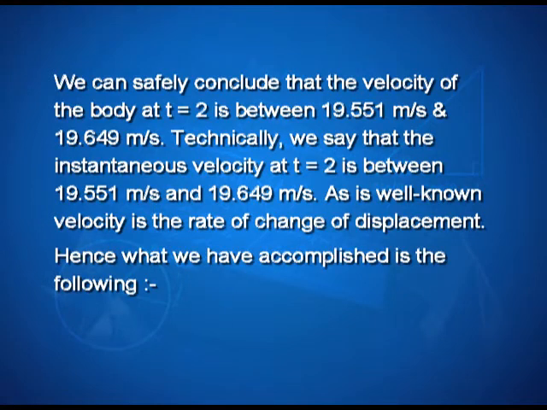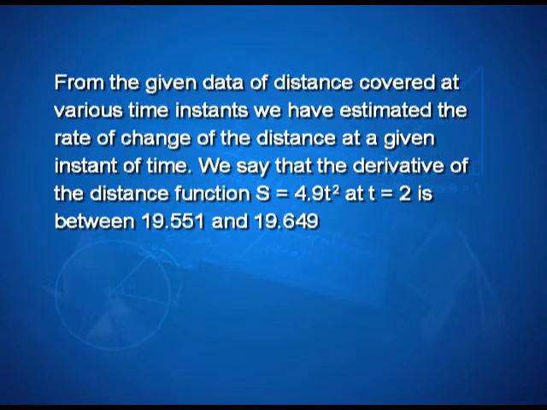Hence, what we have accomplished is the following. From the given data of distance covered at various time instants, we have estimated the rate of change of the distance at a given instant of time.